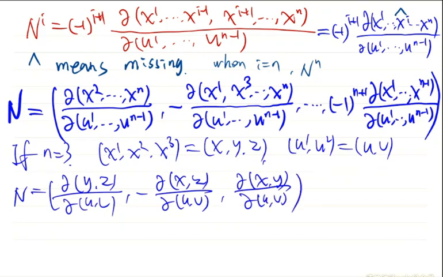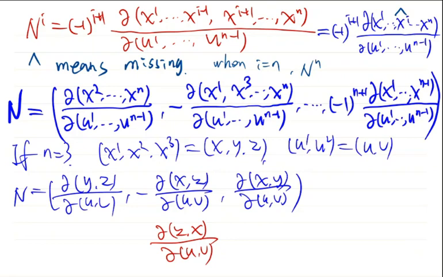But this is precisely the second coordinate of this vector, which is precisely z, x with respect to u, v. Okay, you switch x and z, which means switching the two columns of the Jacobian determinant. So the Jacobian determinant reverses its sign.